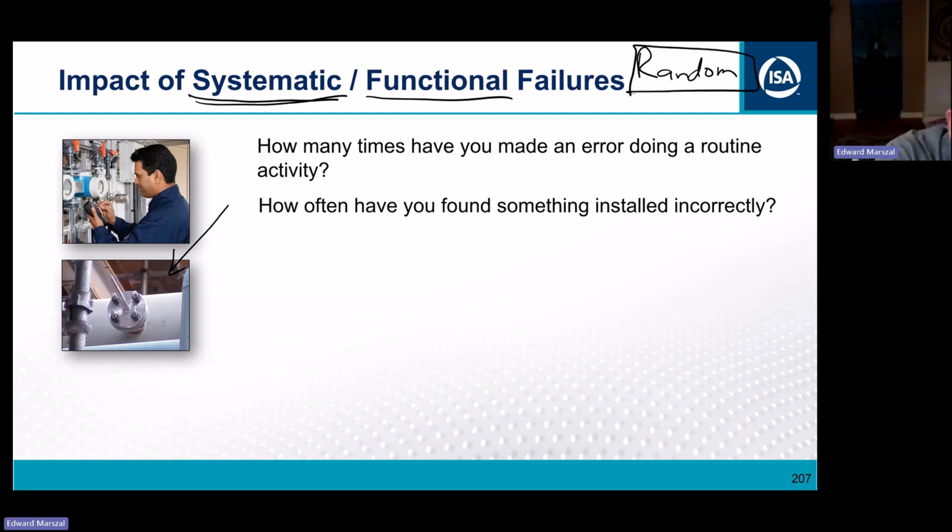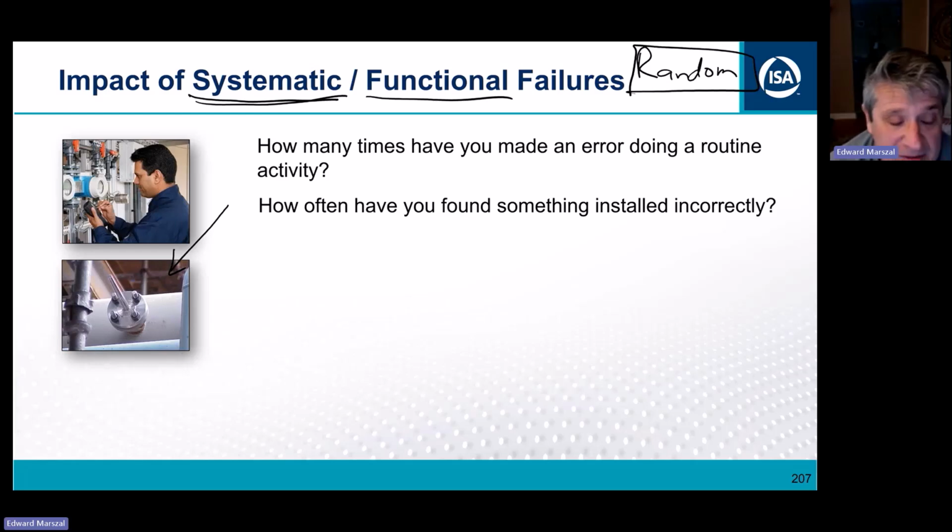Well, the thermocouple is on the outside. This point should be inside the pipe.